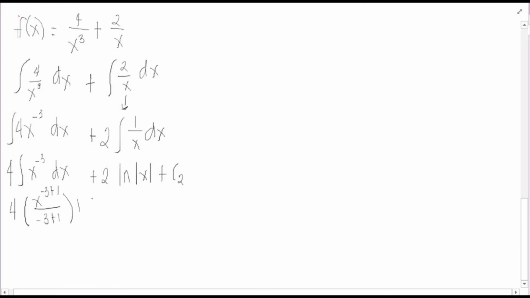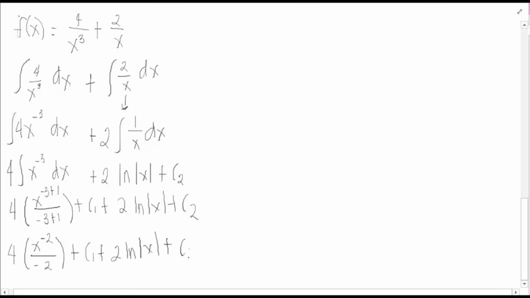1 plus c of 1 plus 2 ln of x plus c of 2. Okay. So, this will be equal to 4 times x raised to negative 3 plus 1 is negative 2 over negative 2 plus c of 1 plus 2 ln of x plus c of 2. Okay.